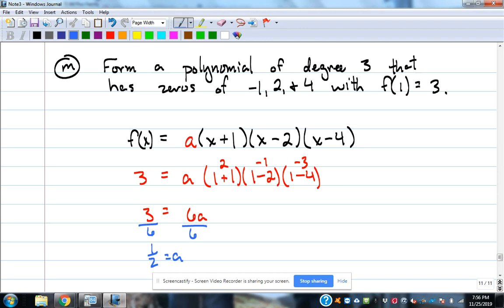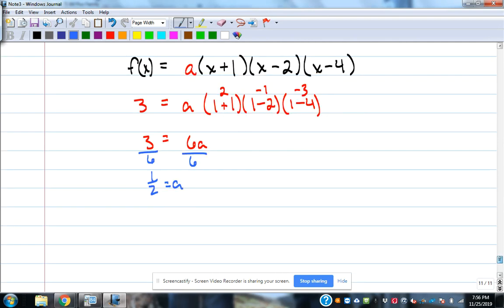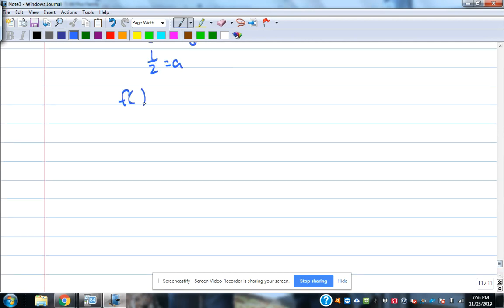Okay. So right now, the polynomial that we have is f of x is equal to 1/2 parentheses x plus 1, x minus 2, x minus 4. We need to multiply that out to get it into standard form or descending order.